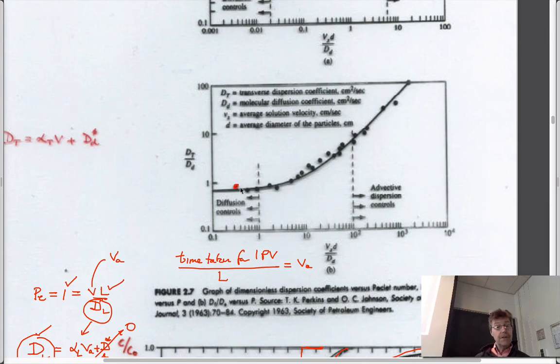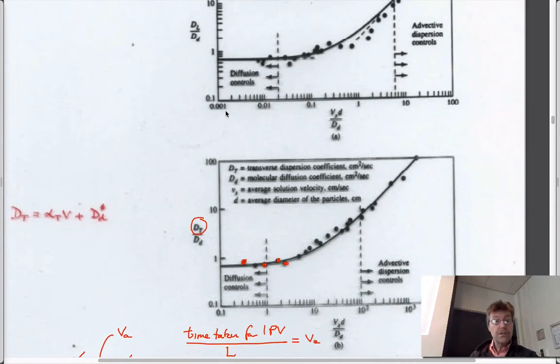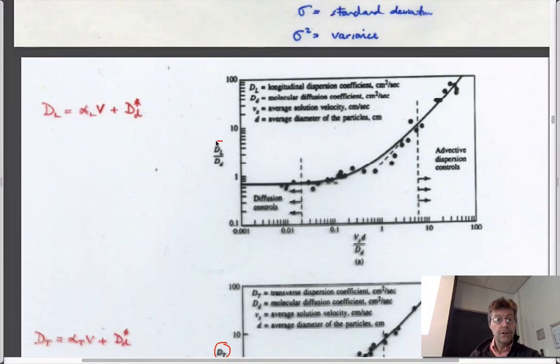And if you do it at a variety of different velocities, you get magnitudes of this transverse or longitudinal, just use longitudinal, magnitudes of this longitudinal dispersion coefficient that change from a number which is close to 1 to a number that varies linearly with velocity.